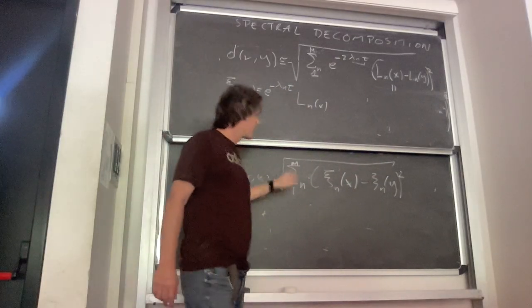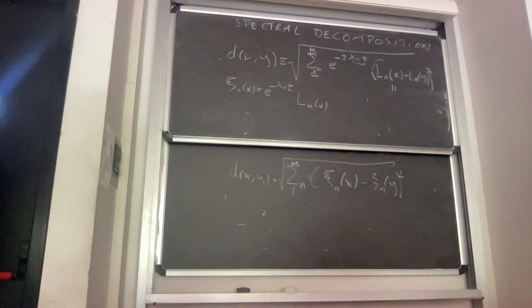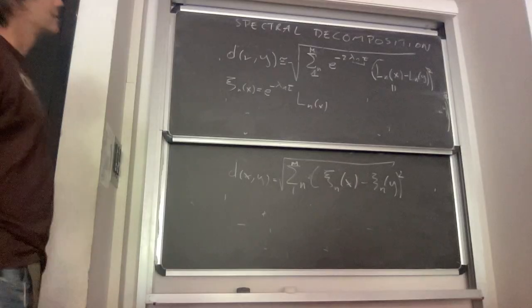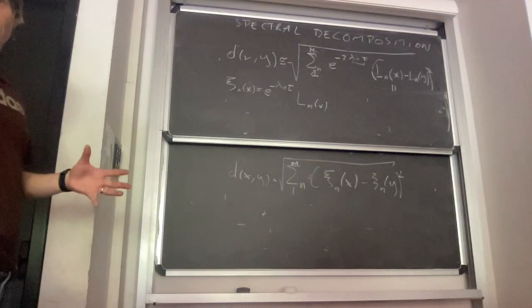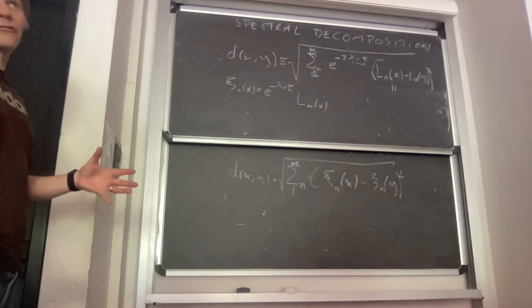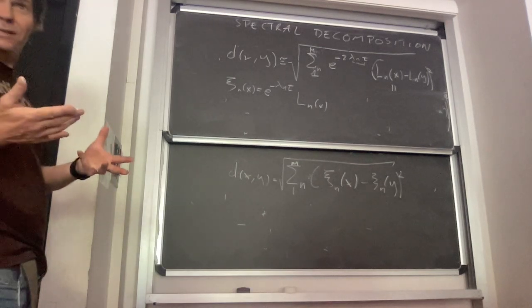So the constraint is that I choose Tau sufficiently long to be faster than the fast relaxation processes. Okay?